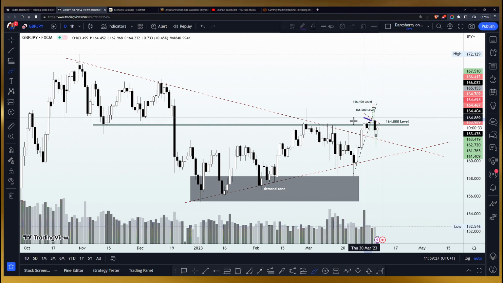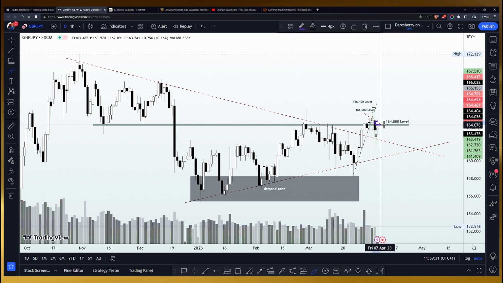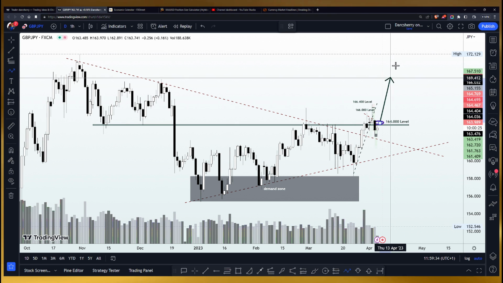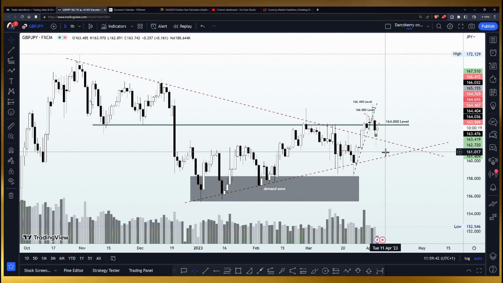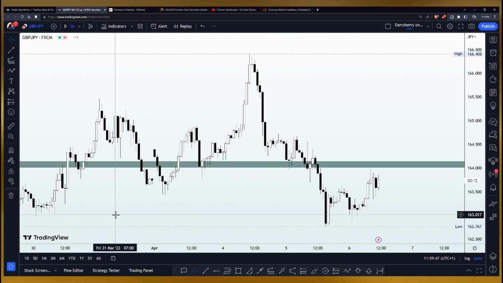We had a breakout of the neckline of that reversal pattern, and if we have price climb above the 164.00 level, we might be in for another wave of bullish momentum here. So above the 164.00 level is a very strong area to look out for buying opportunity in this market. That is what I wanted to show you on the daily time frame.